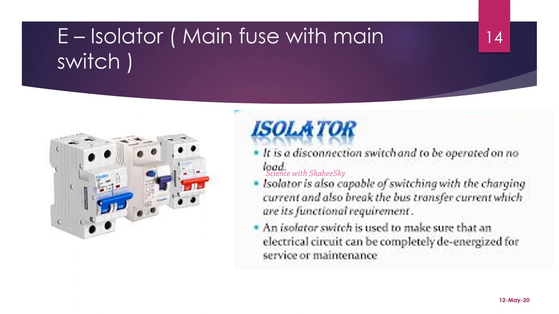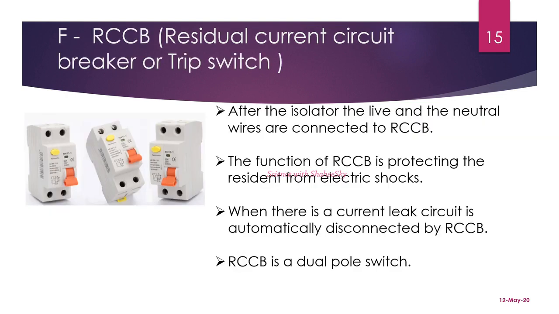And the next device we are connecting to the household electric circuit is the RCCB. RCCB stands for residual current circuit breaker, or we can call this a trip switch. After the isolator, the live and the neutral wires are connected to the RCCB.